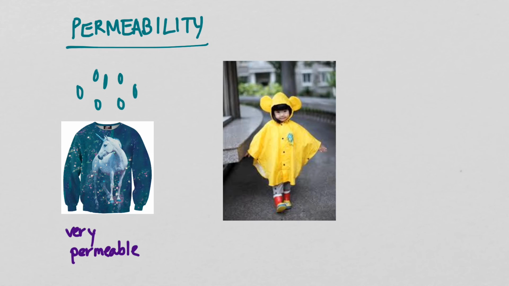But then instead, if you are wearing this rain slicker, especially if you have that really cool hat on with those ears, these are not permeable at all. They keep you pretty dry, but that means that no rain is able to get through that material and onto your body.